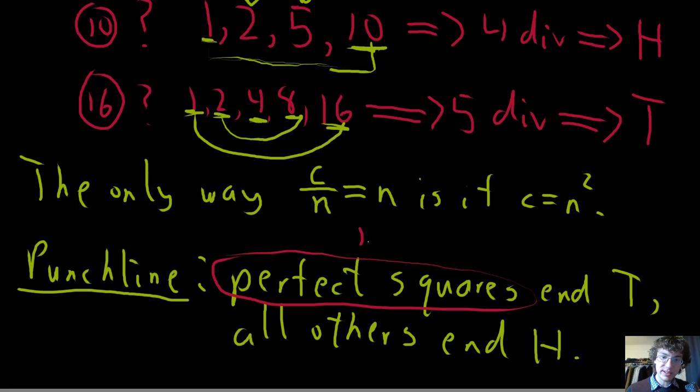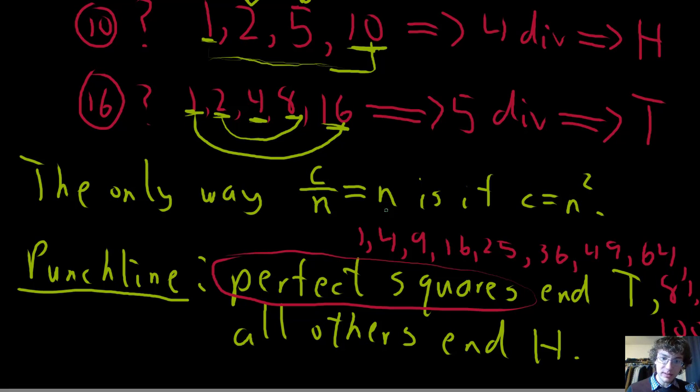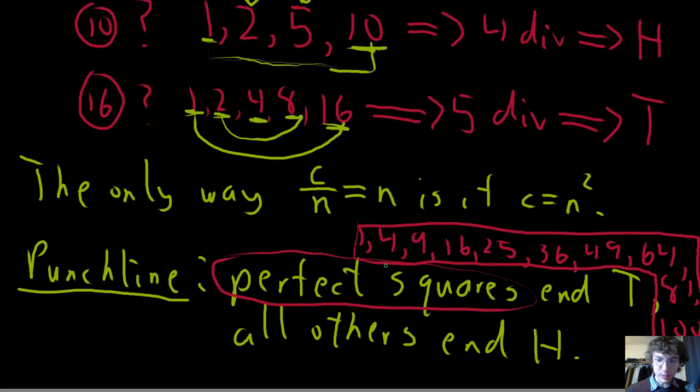So that's 1, 4, 9, 16, 25, 6 squared is 36, 7 squared is 49, 8 squared is 64, 9 squared is 81, and 100. That was a messy way of writing all these, but those are the numbers which will end tails up. Okay, so that's the answer to the problem.